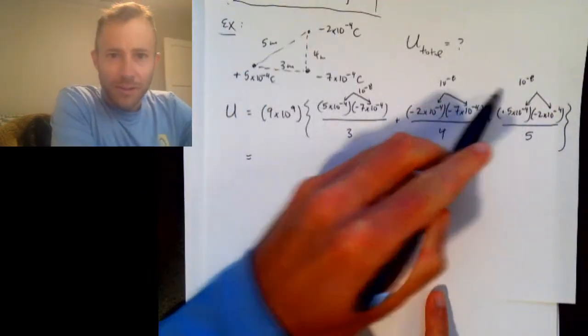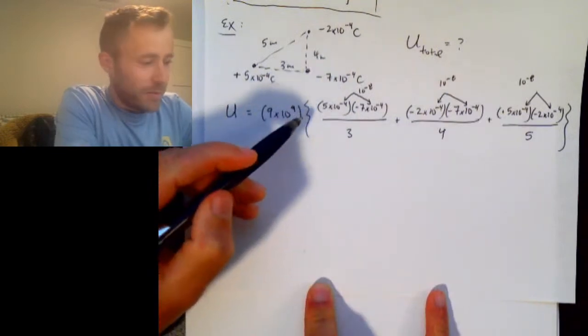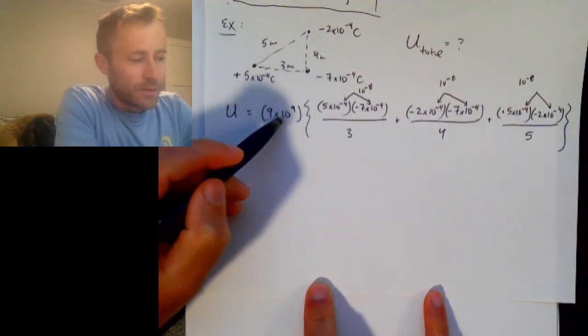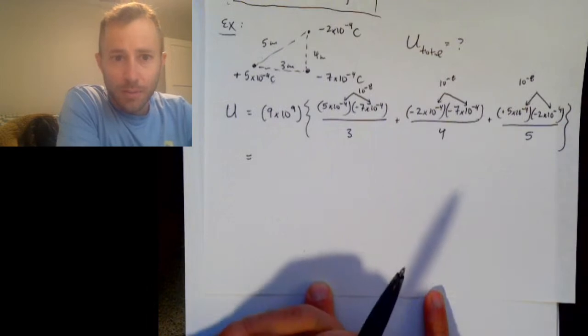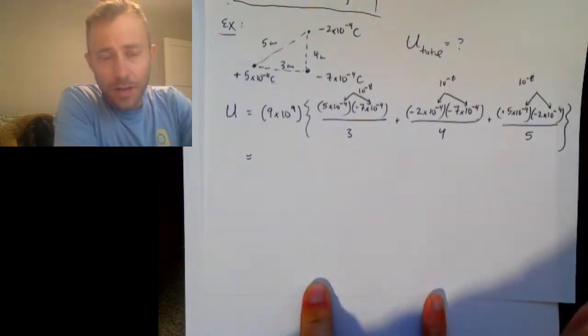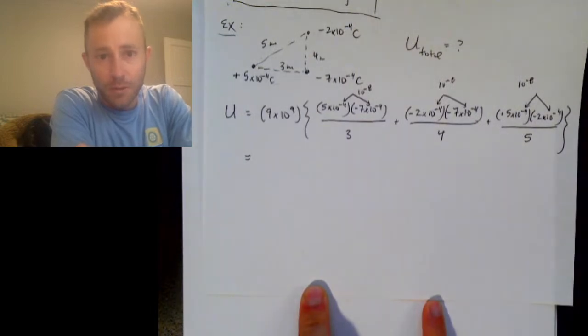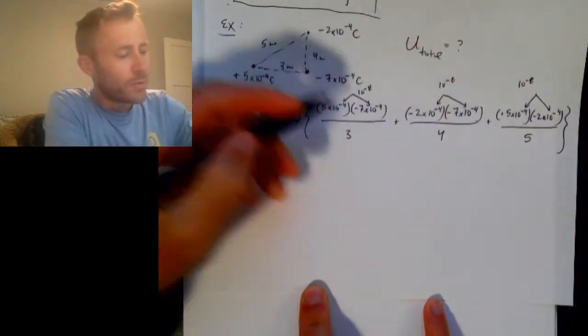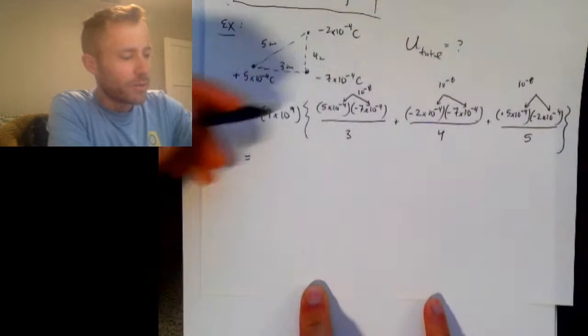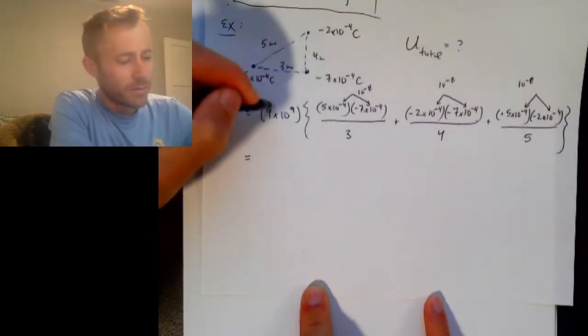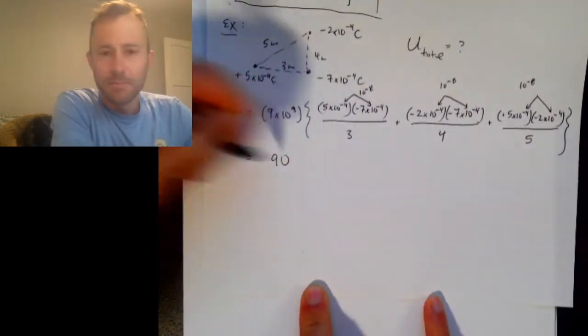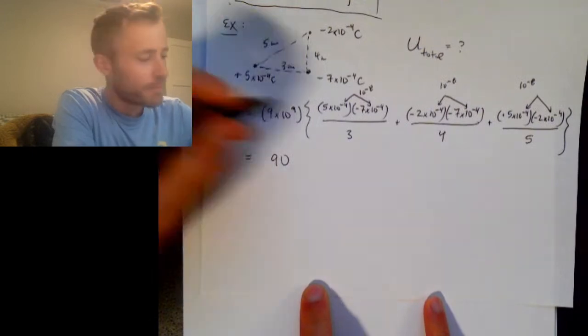So I'm going to factor out that 10 to the -8 and bring it out front so that it multiplies the 10 to the 9th. 10 to the 9th times 10 to the -8 is 10 to the 1 power, which is also known as 10. So when I factor out all these 10 to the -4s, it's going to make this go to 90, 9 times 10 to the 1.